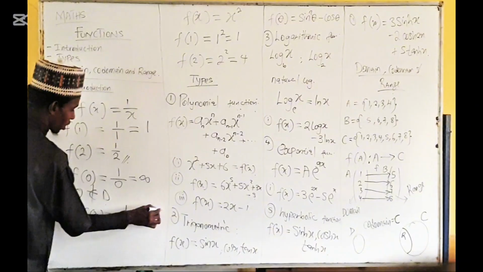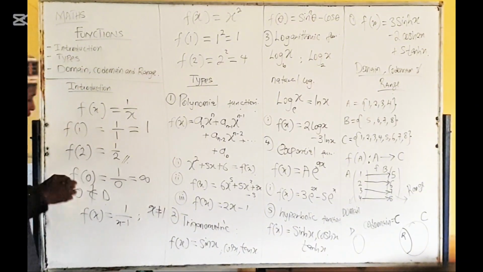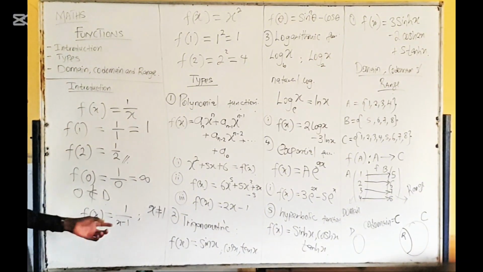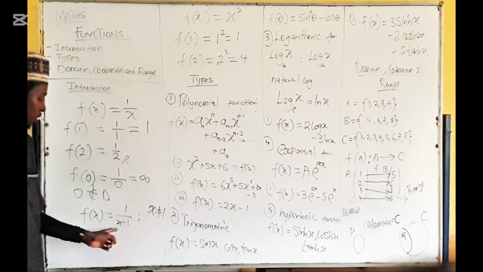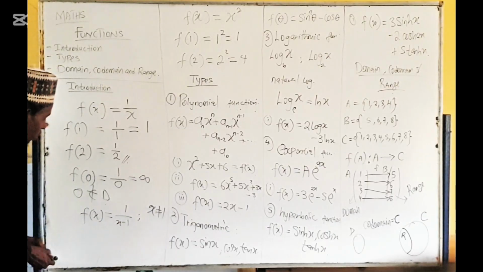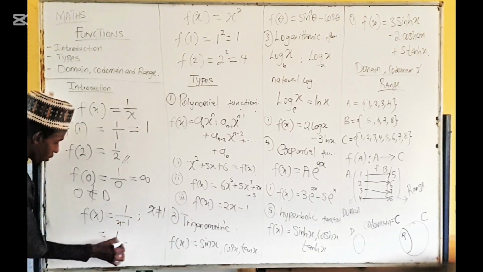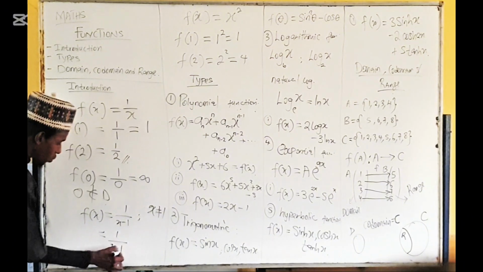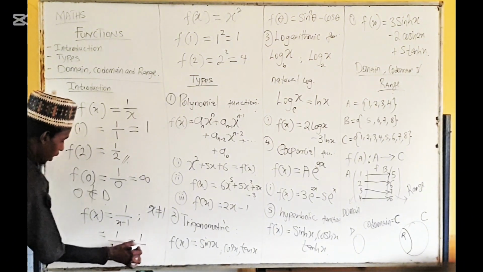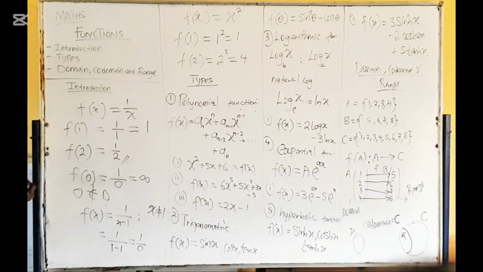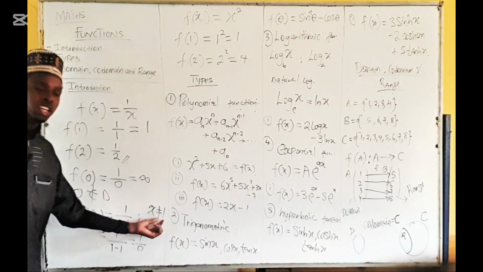When x is 1, the function is not defined. This means x can never be 1, because once x is 1, the function will be 1 over 1 minus 1, which is 1 over 0. We don't allow division by 0. This means this function is not defined at x equals 1.